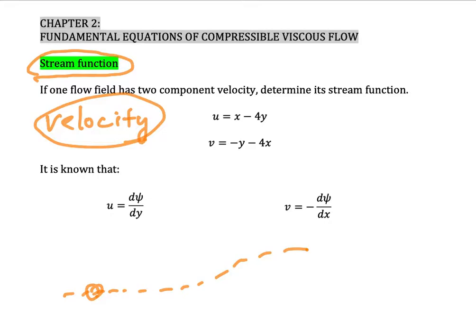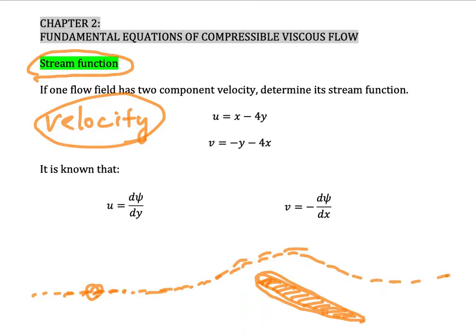For example, if you have an aerofoil, you put this aerofoil in a wind tunnel. If you use a smoke generator, the smoke will go up there and then flow like this. If you increase the wind flow, maybe you will have a stream function.